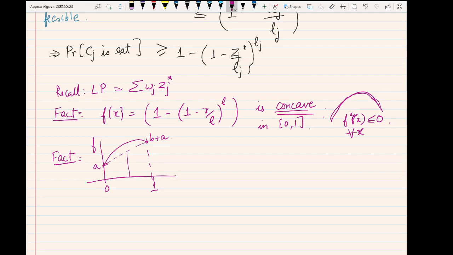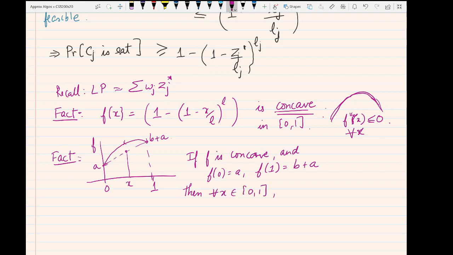Then at any intermediate x, the value of the function is greater than or equal to bx plus a. So if f is concave and f of 0 is a, f of 1 is b plus a, then for all x in [0, 1], f of x is greater than or equal to bx plus a.